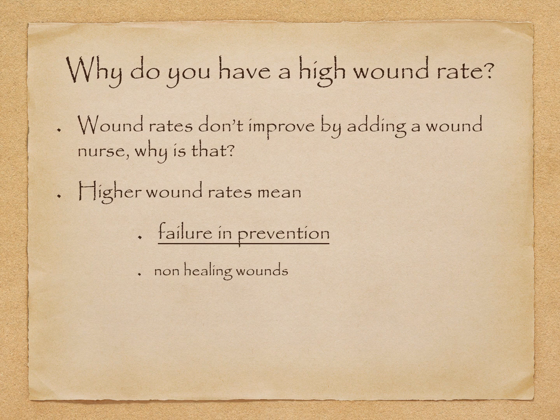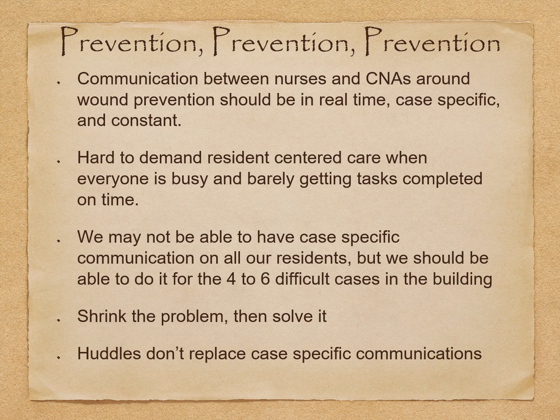If you don't deal with prevention as an issue and we're consumed with non-healing wounds, we're wasting statistical time, basically. Your non-healing wound percentage is usually much smaller than the preventable wounds that you can stop from all the admissions. Right. So did I mention prevention?